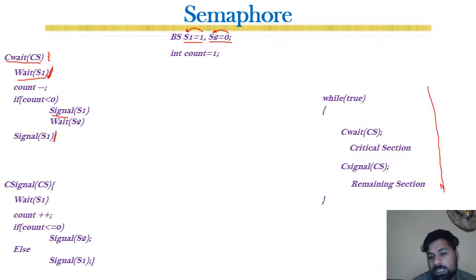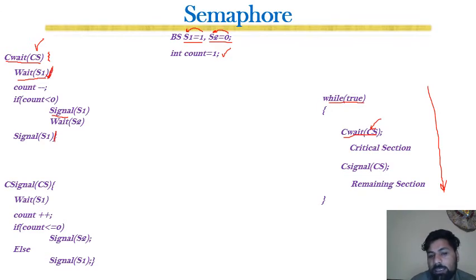You can see that first, while true means that as long as a process is executing, once it wants to enter the critical section, it must execute the cwait function upon the cs. That means upon the count variable that we have discussed here, this one, right? So this variable will be passed and received by this cwait.